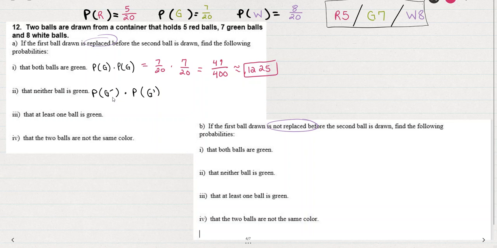So that looks like it would be 13 of the balls are not green. We put that non-green back and draw out another time, and our probability the second time is a 13 again. So it looks like we get 169 out of 400, or roughly 42.25%.